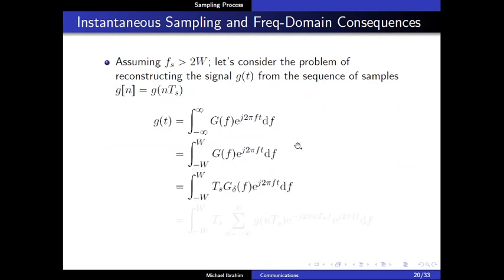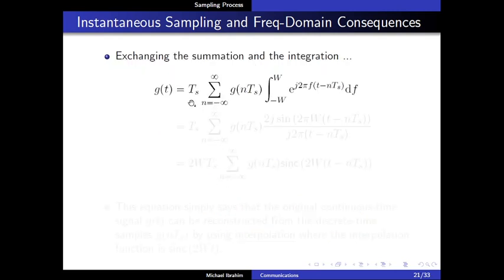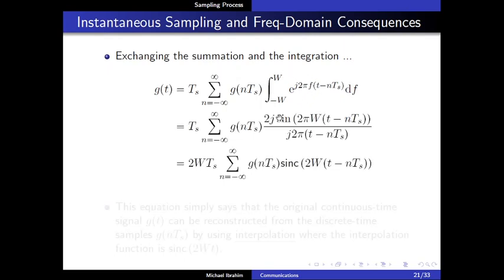Here we have this summation, and again we will combine these two exponentials together and replace the summation with the integration. So we have Ts summation g(nTs) integration from minus W to W of e to the j2π f (t minus nTs). If you evaluate this integration, you will get the sinc function.